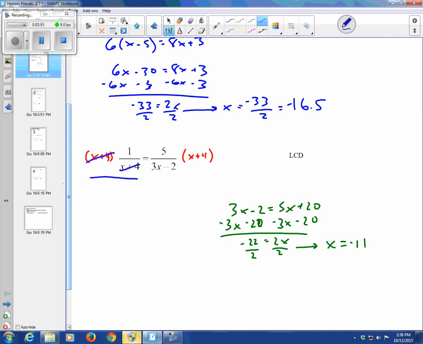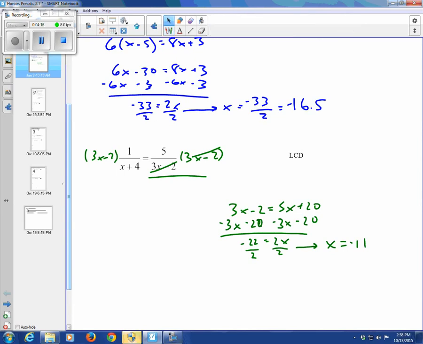So I just get the multiplication of x plus 4 on the other side times my numerator, 5. Similarly, if we multiplied by 3x minus 2 on both sides, the 3x minus 2 we're multiplying on this side is going to cancel with the 3x minus 2 in the denominator. And again, we just get the multiplication of 3x minus 2 times 1 in the numerator over here.